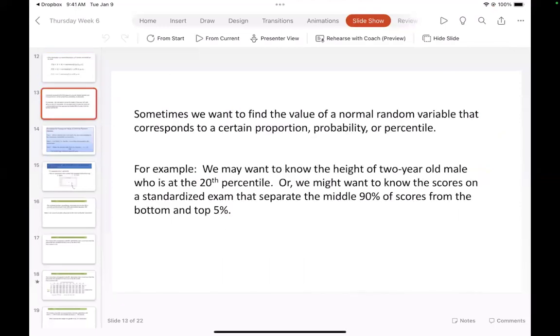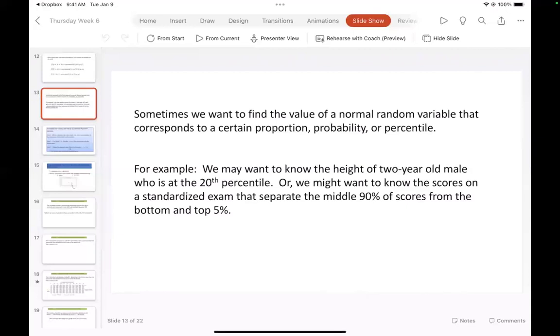All right. Sometimes we know the percentile, or we know the probability, but we want to find the data value that corresponds with that probability. Like, I know that my test score is in the 90th percentile, but I don't know what the test score is.